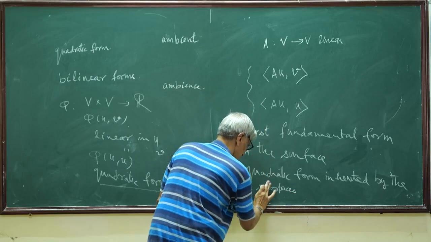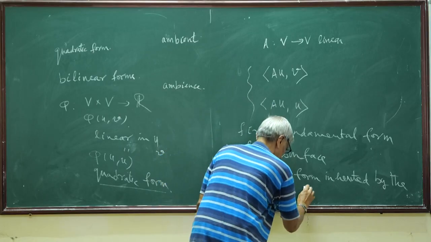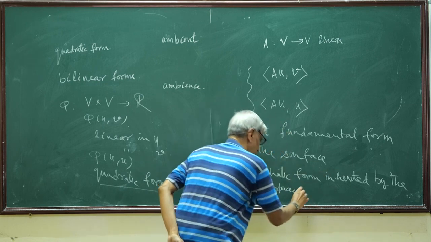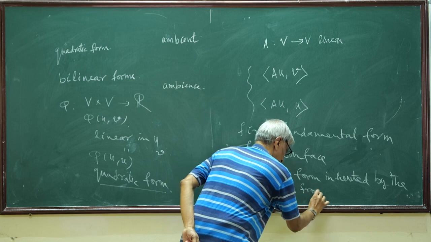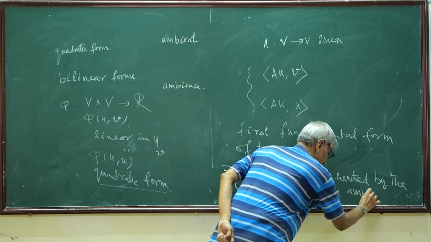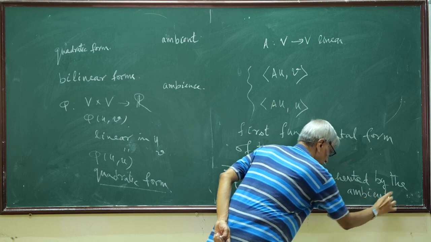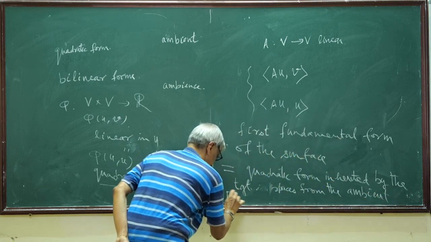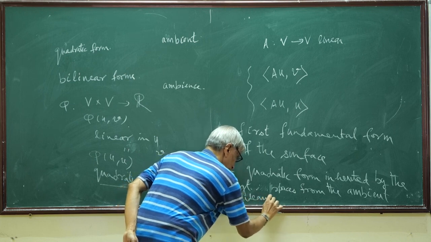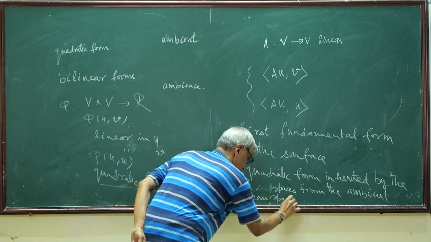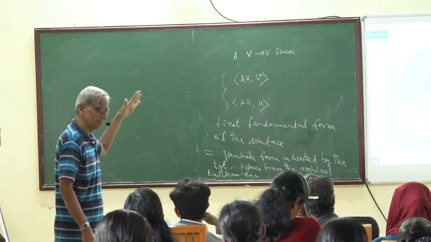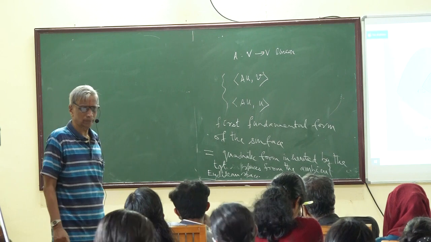Tangent spaces, which are all subspaces of the Euclidean space. Okay, so this is already there, so you don't have to do anything about it.